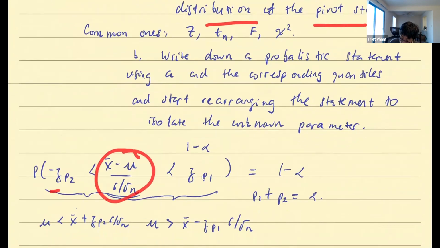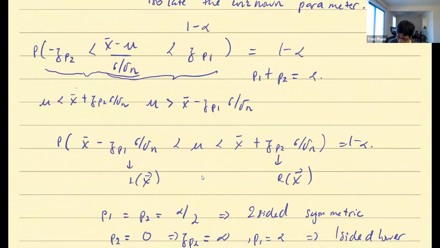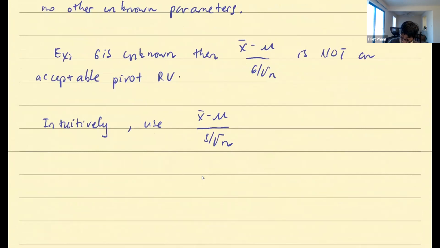You write down something like this, but with S and with the new quantiles. But what is it? I'll save you the suspense, because I guess you know what it is. It turns out that this has the t distribution with n minus 1 degrees of freedom.